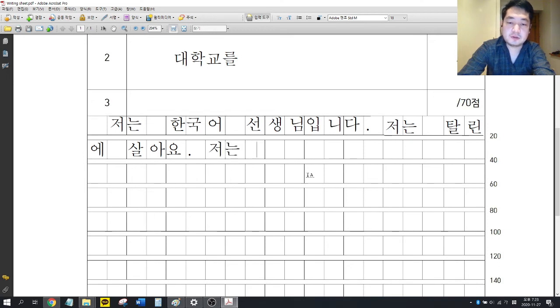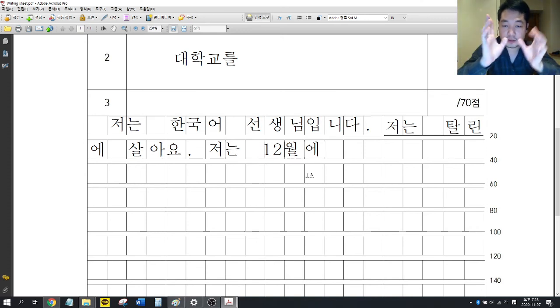저는 12월에, for numbers, if it's just one number, you use one box. And if it's two numbers, also you use one box.